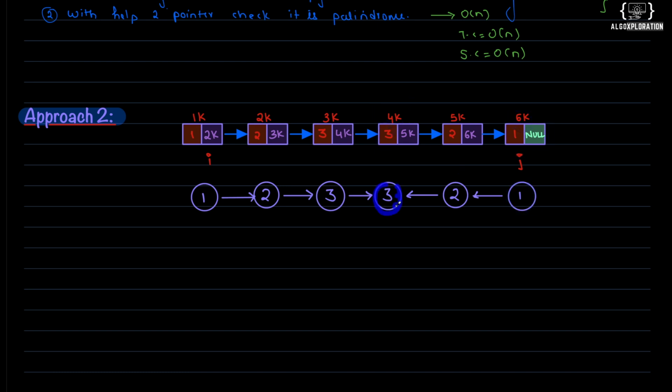Due to that, this node is not pointing anywhere. Now I will have p1 pointing to the first node and p2 pointing to the last node. Then I will traverse by going to the next, and if I find any value where p1's value is not equal to p2's value, I will return false. Here both are equal, so I will traverse like this.